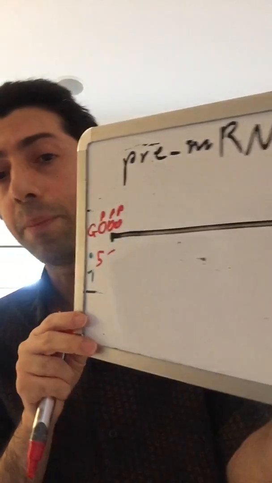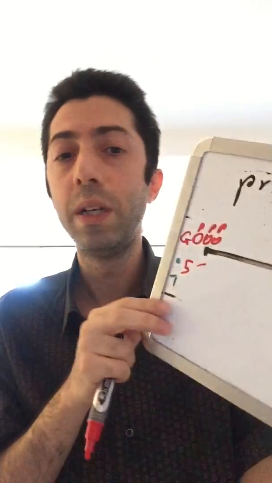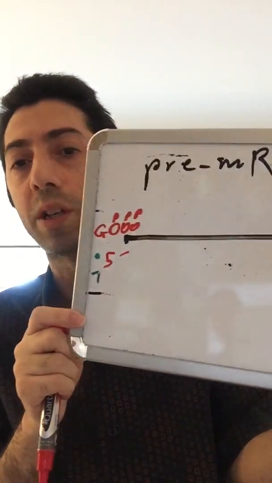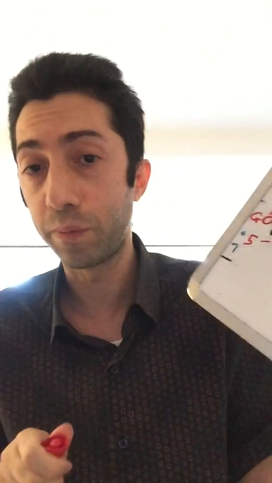Plus, the cap and poly-A tail prevent newly made RNA from being degraded by nucleases inside the cytoplasm. That's very important. Also, especially the cap will help the mRNA to dock onto the ribosome for translation.